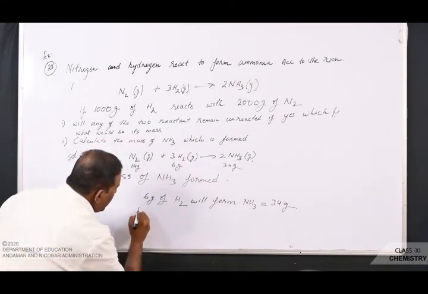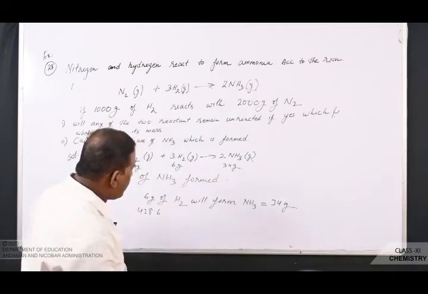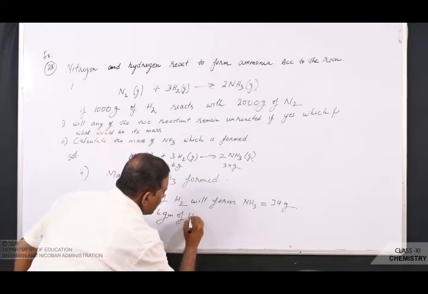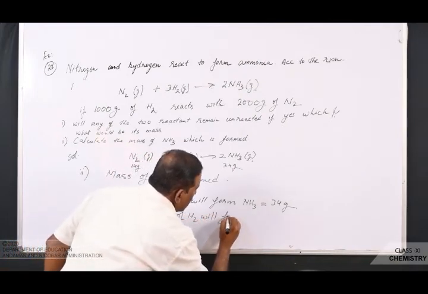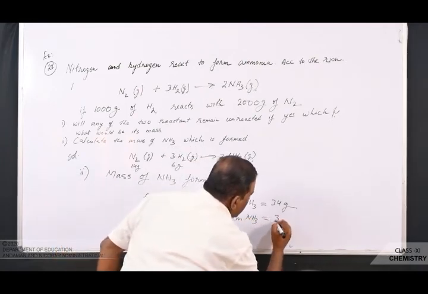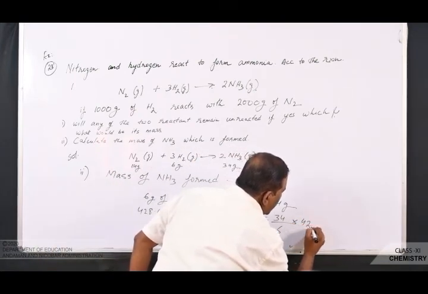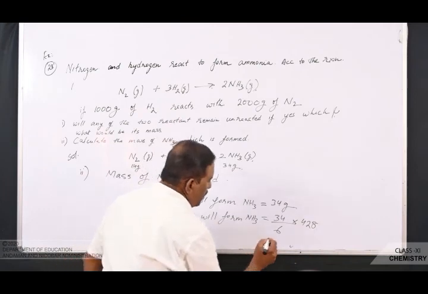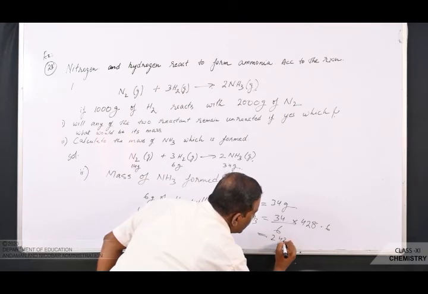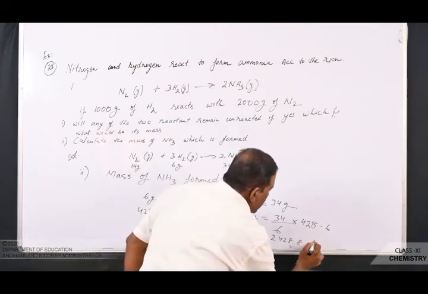So 428.6 grams of H2 will form NH3 equal to 34 divided by 6 into 428.6. After solving this, it comes to be 2428.8 grams. Am I clear? So this is the answer.